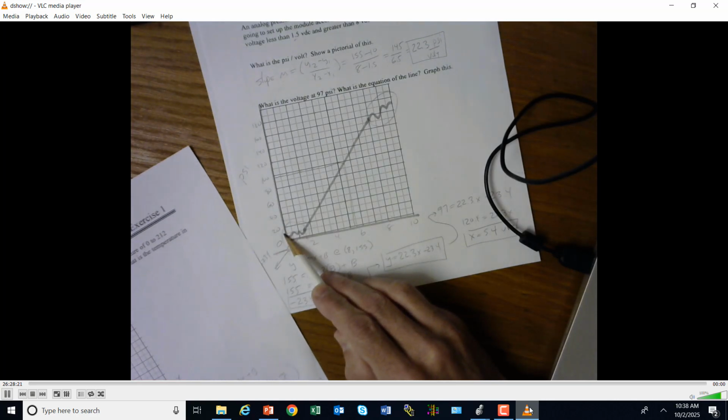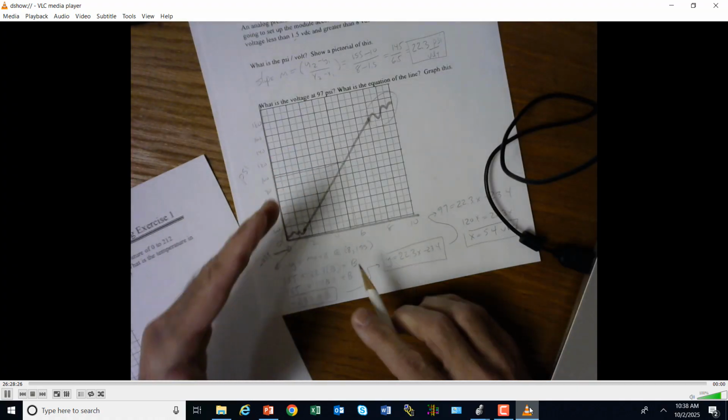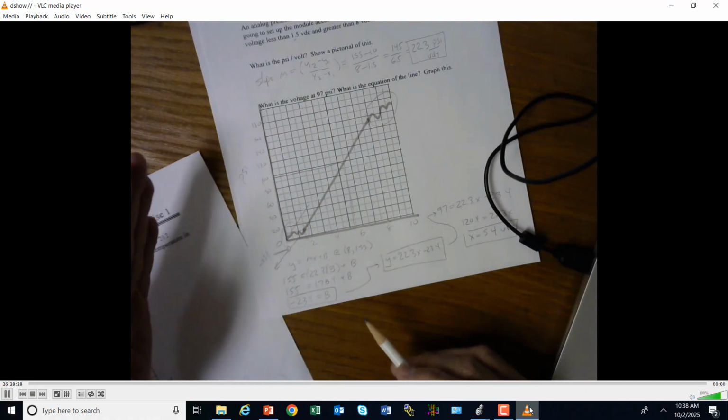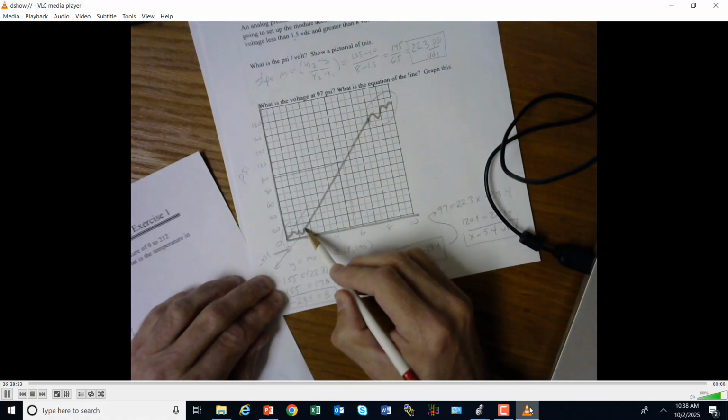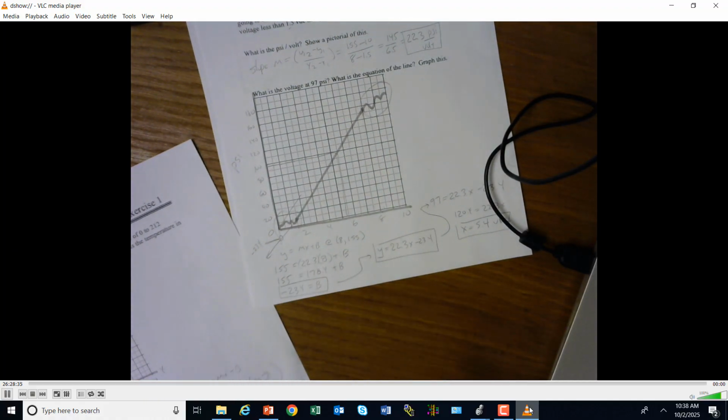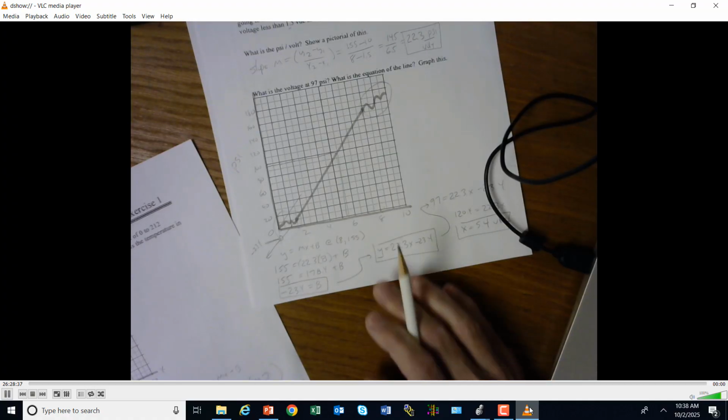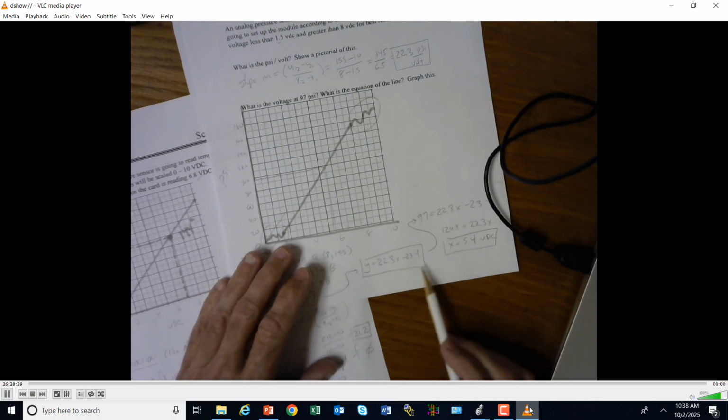So doing the ratio thing gets more complicated because this is not going through 0, 0. It's shifted over and it's shifted up to that point, okay? So the y equals mx plus b is going to give you the response that you want.